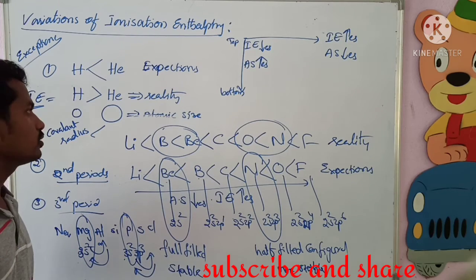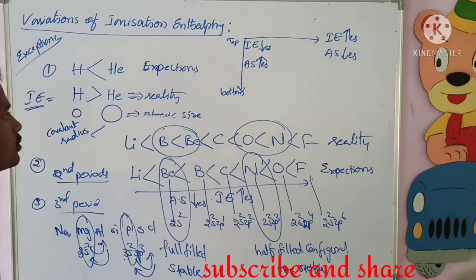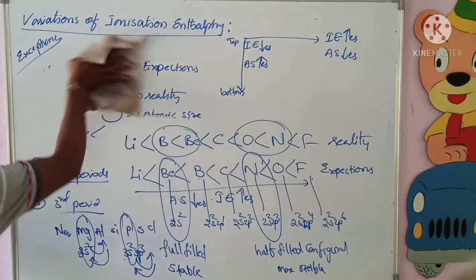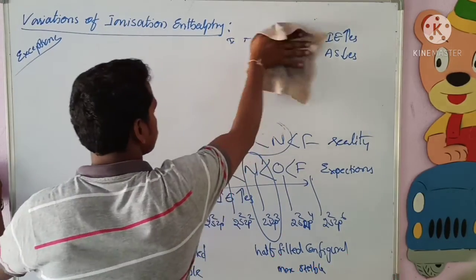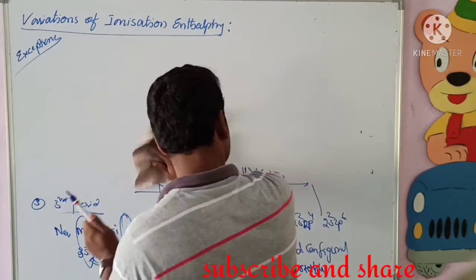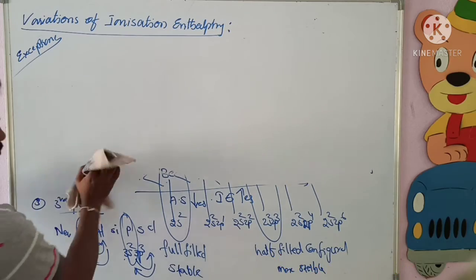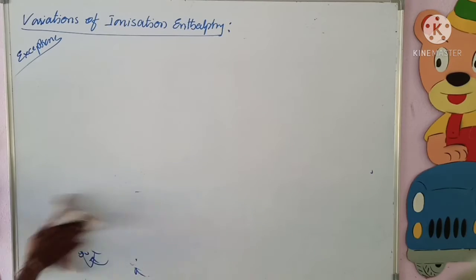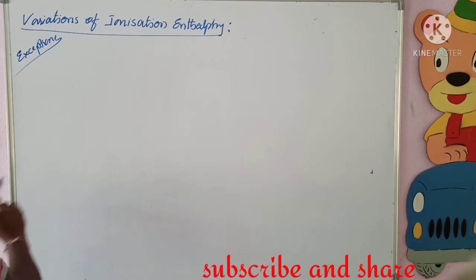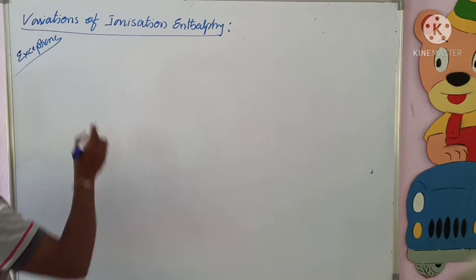Then take the next one, the group-wise exemptions. Take the 13th group elements as an example.